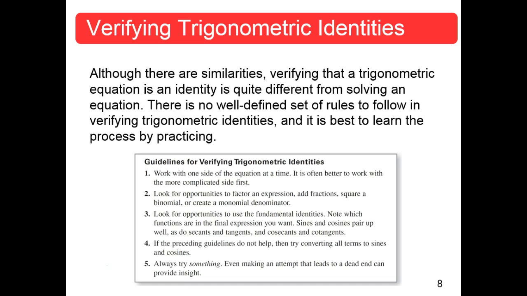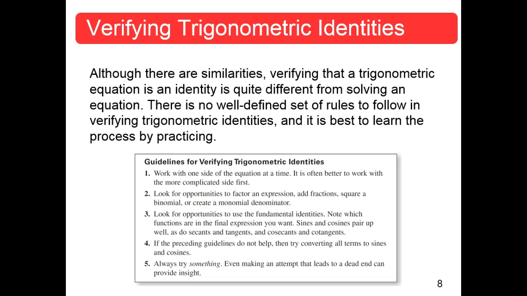Okay, create monomial denominators. Whatever you do to simplify, as long as you're only doing it to one side or the other, that's a good thing to do. Look for opportunities to use the fundamental identities. Now, here's my approach on this. If you see squares in there, think Pythagorean identities. If you don't see squares in there, try to get things in terms of sines and cosines.